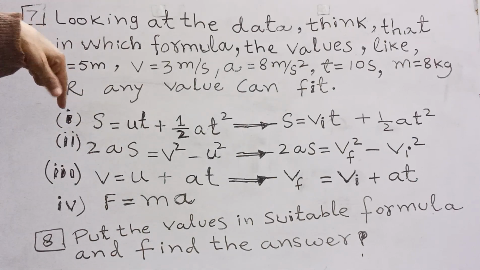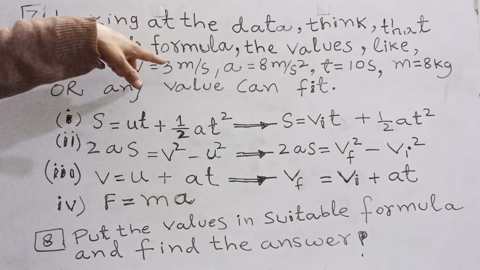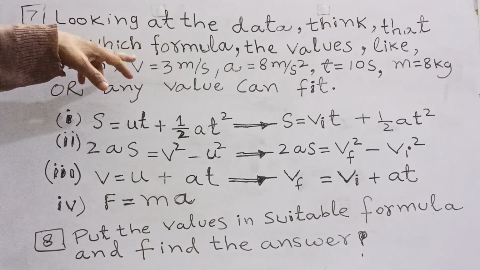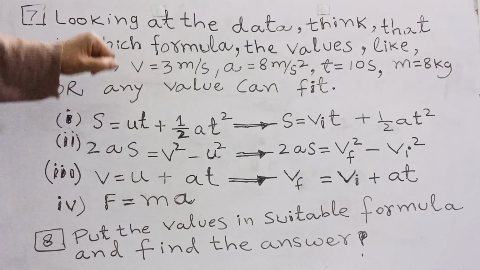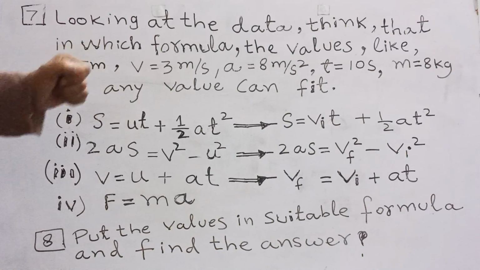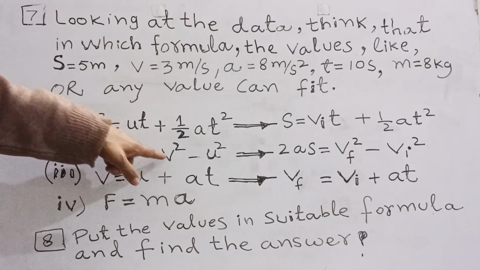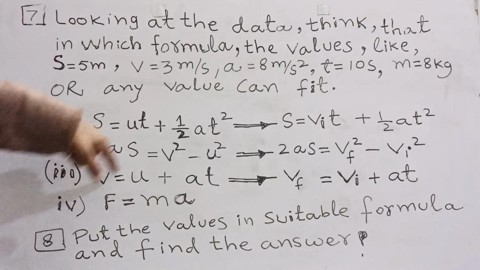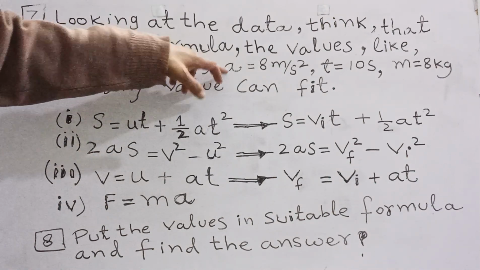Similarly, if it is speed or velocity, 3 meter per second. So look for the symbol for velocity. The symbol for velocity is V. Hence we will put 3 meter per second either over here or over here. Similarly, A is the acceleration. So look for the symbol of acceleration.